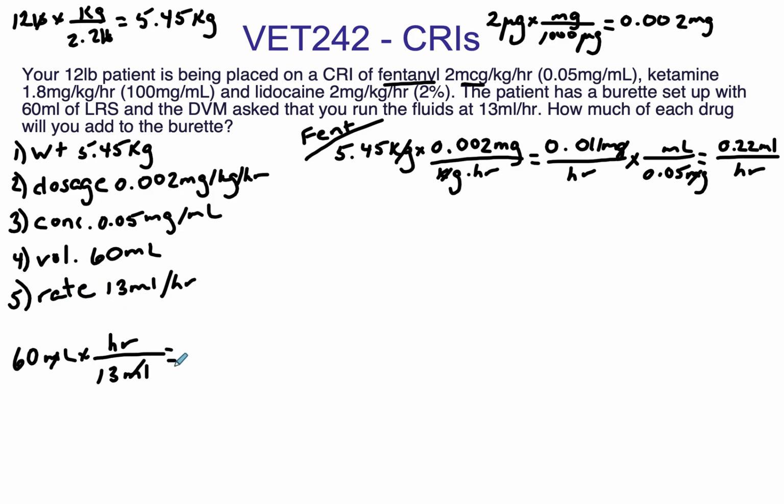And I'm going to find that that burette is going to last me at that rate 4.6-ish hours. That's going to be an important piece of information that we plug in for each of the 3 drugs. So now we'll finish off the fentanyl and be done with it.